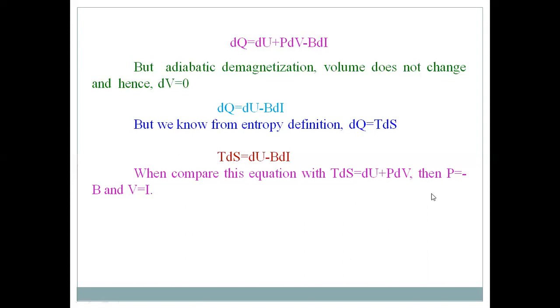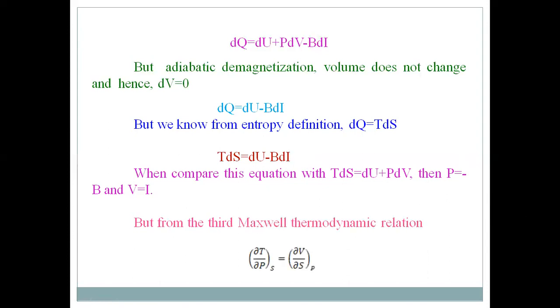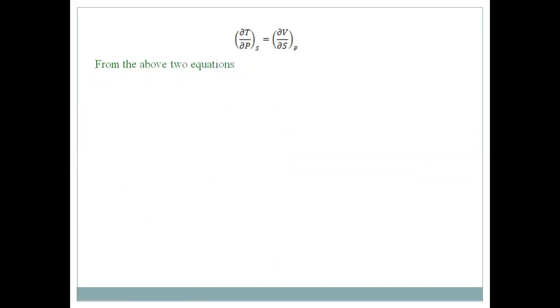When comparing these two equations, P is equal to minus B and V is equal to I. But from Maxwell's third thermodynamic relation, dou T by dou P at S is equal to dou V by dou S at P. We discussed this in Maxwell thermodynamic relations and thermodynamic potentials, in which P is replaced by minus B and V is replaced by I. When we replace these, it can be written as dou T by dou B at S is equal to minus dou I by dou S at P, replaced by B.